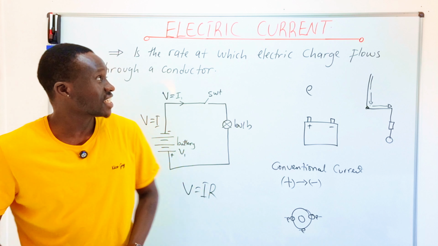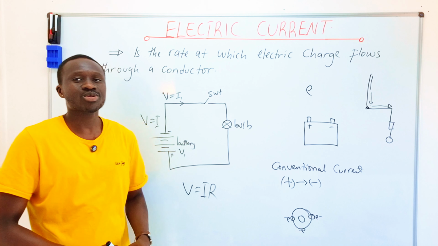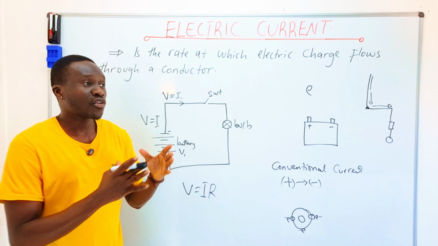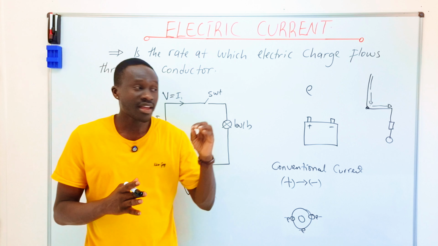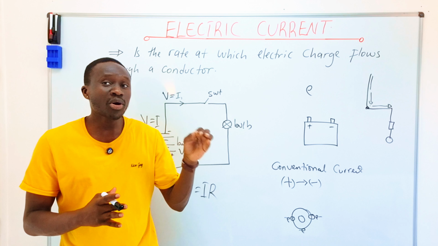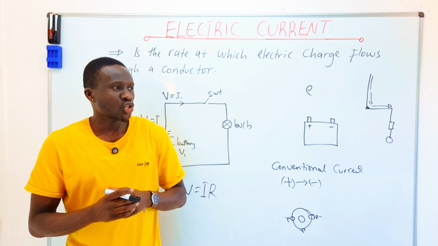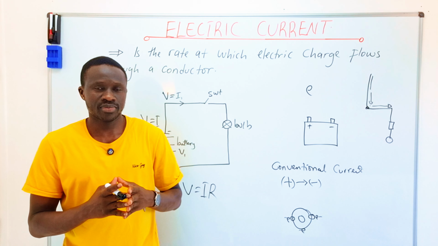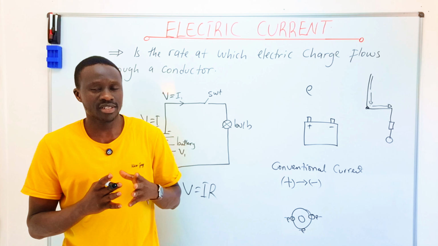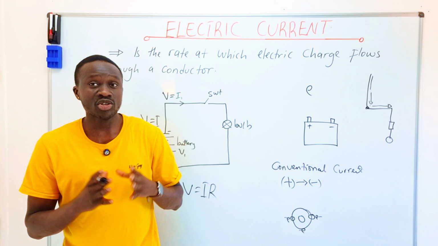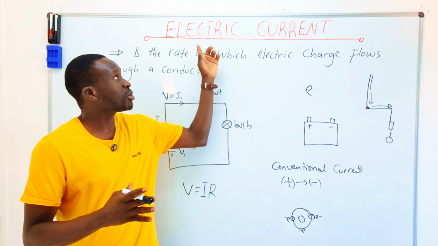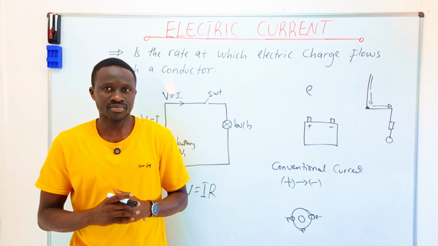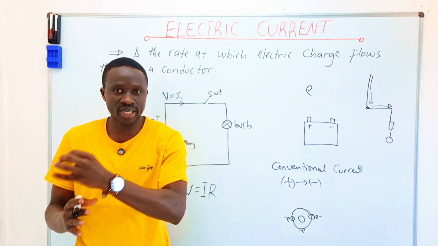These electric currents are so interesting, because from the smallest LED light to large factories using electricity, they would not have existed but for electric current flowing through a conductor.